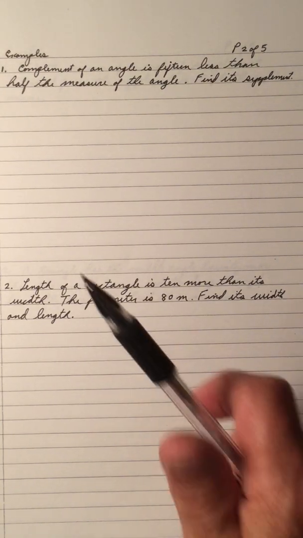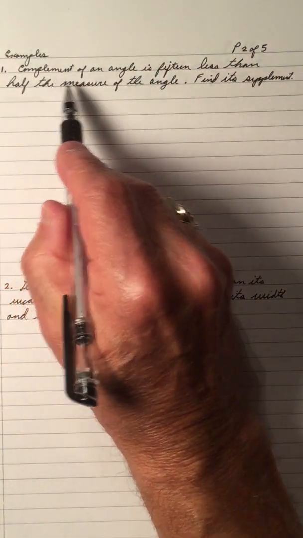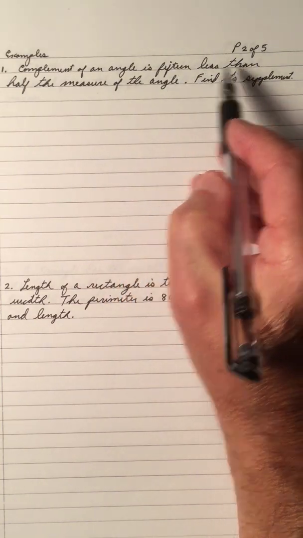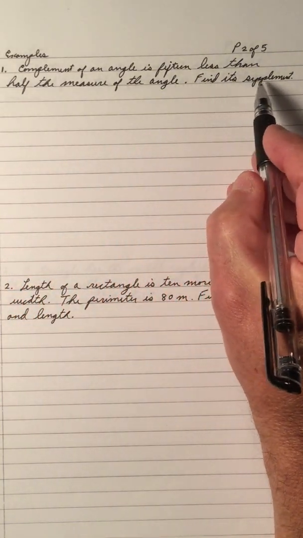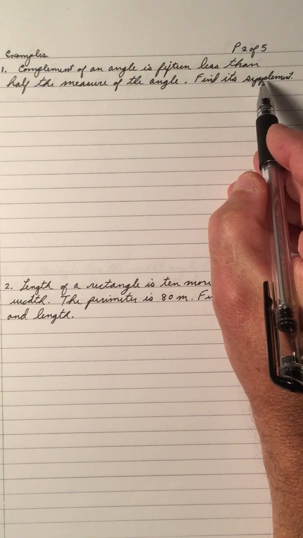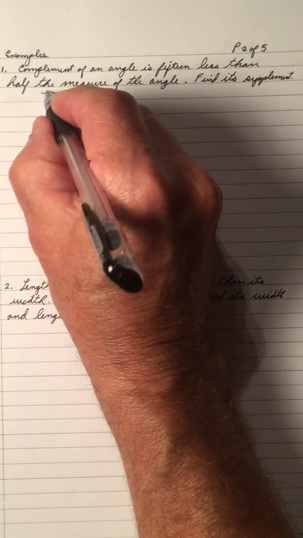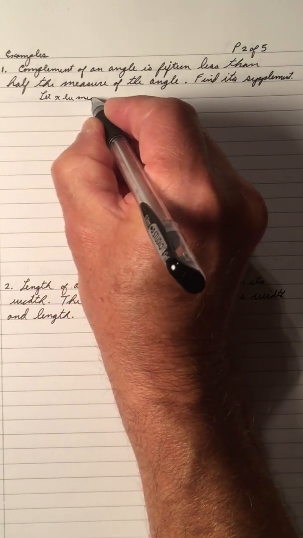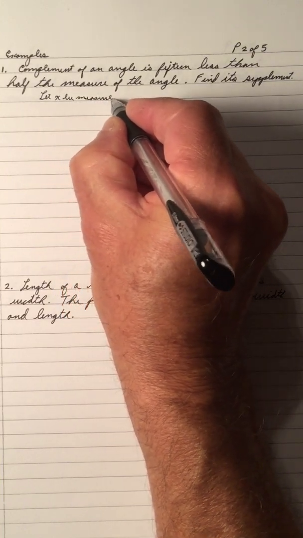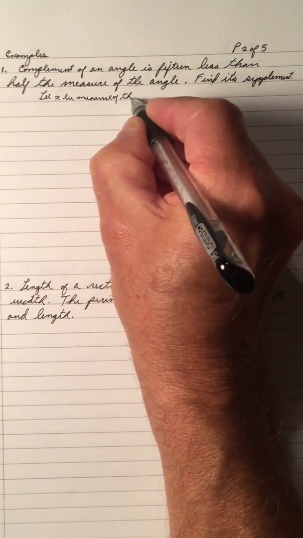Let's do some examples. The complement of an angle is 15 less than half the measure of the angle. Find its supplement. Okay, so we have an angle. So let x be the measure of the angle.